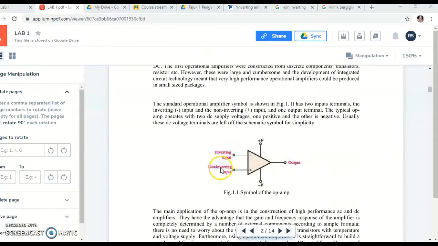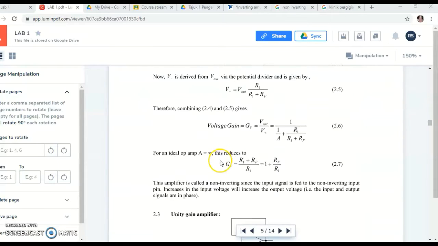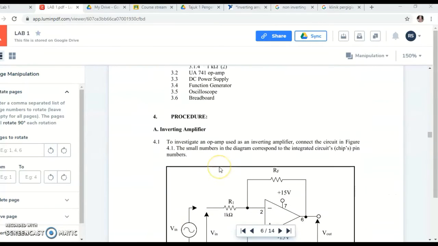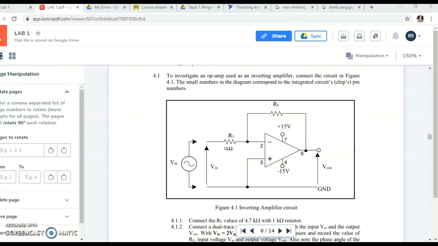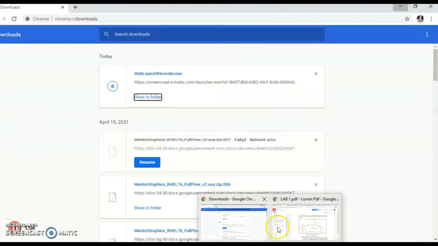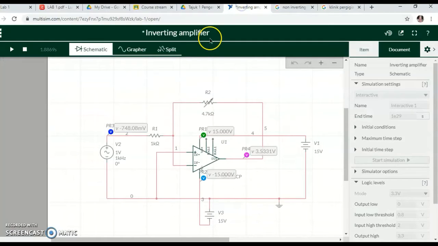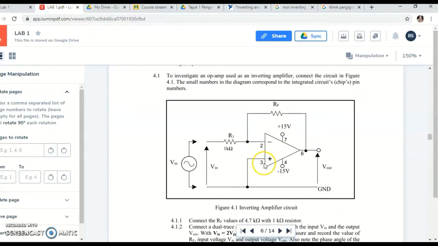Okay, we go to A, inverting amplifier. So I will open my Multisim. Then in this Multisim we can put the components according to the circuit that is given.